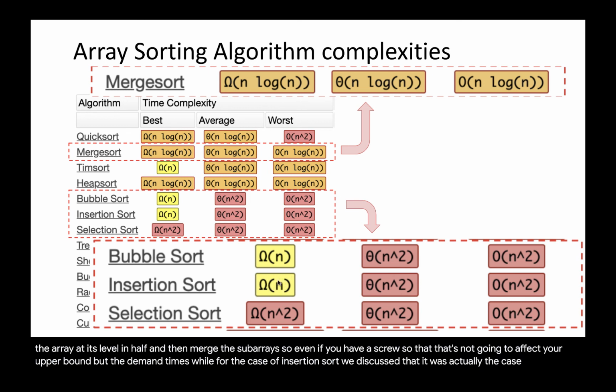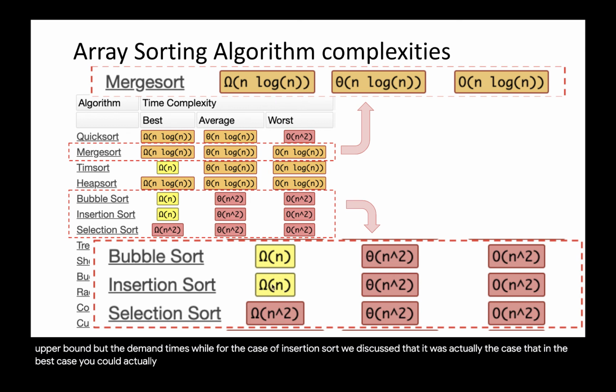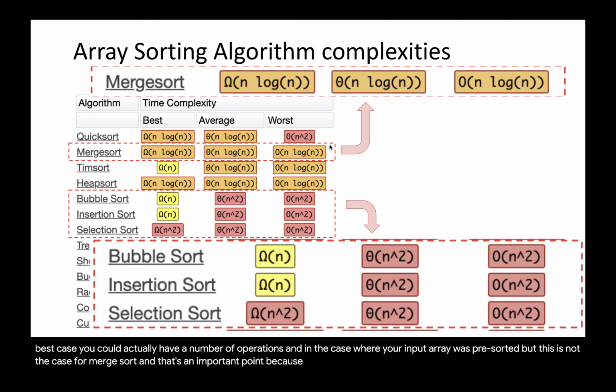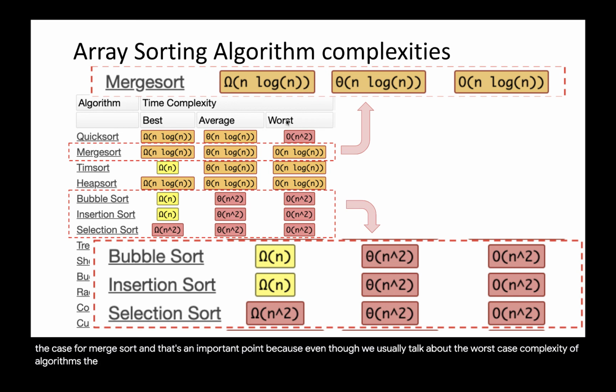While for insertion sort, we discussed that the best case you could have was where your array was pre-sorted, but this is not the case for merge sort. And that's an important point, because even though we usually talk about the worst case complexity of algorithms, there can be some occasions where the best case complexity differs between algorithms.